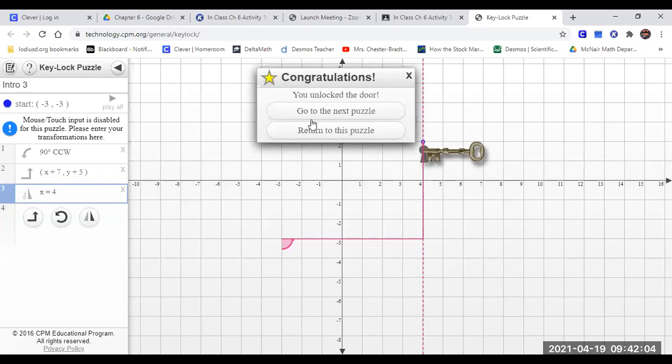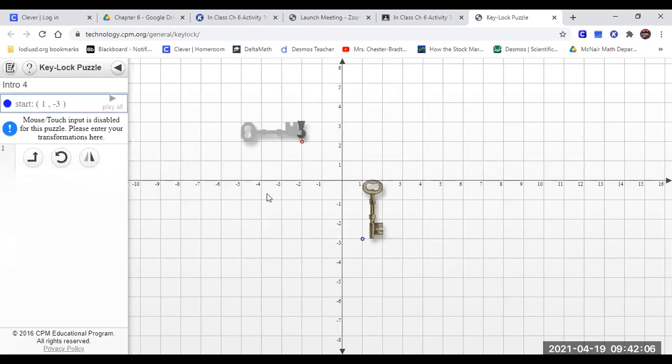Okay, next puzzle. We need to move the blue dot to the red dot. What do we want to do first? Spin it? Okay, if we're going to spin it, what way are we going to spin it?